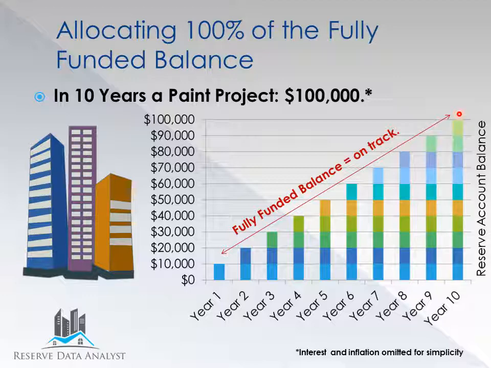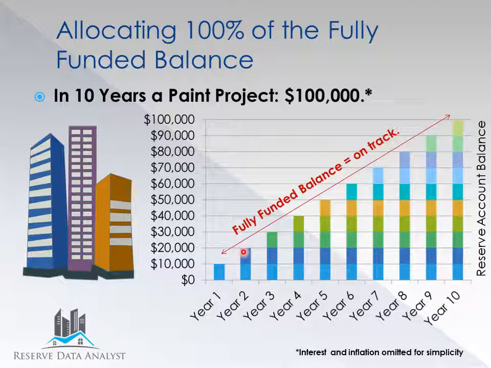They're not fluctuating. At the end of year 2 they have $20,000 in the reserve account. The end of year 3, $30,000, and so on, until the end of year 10 they have $100,000 in the reserve account, which equals the amount of the paint project's expected cost. Again, we're ignoring inflation here just for simplicity's sake of the math.